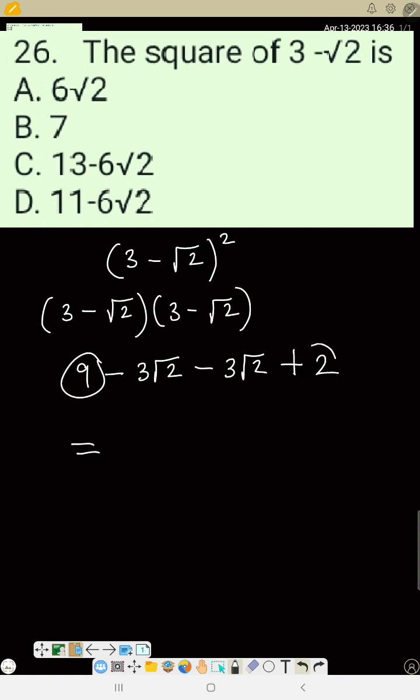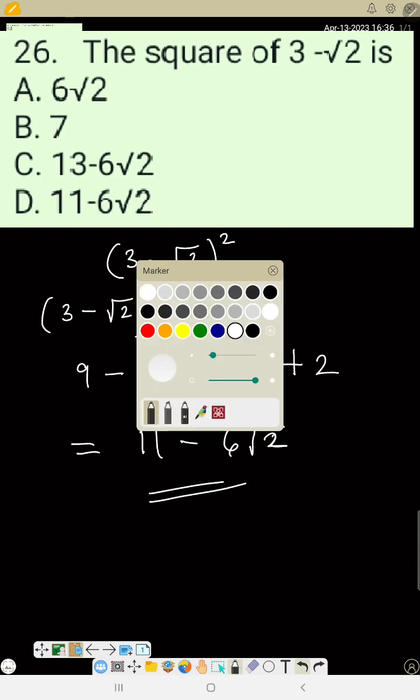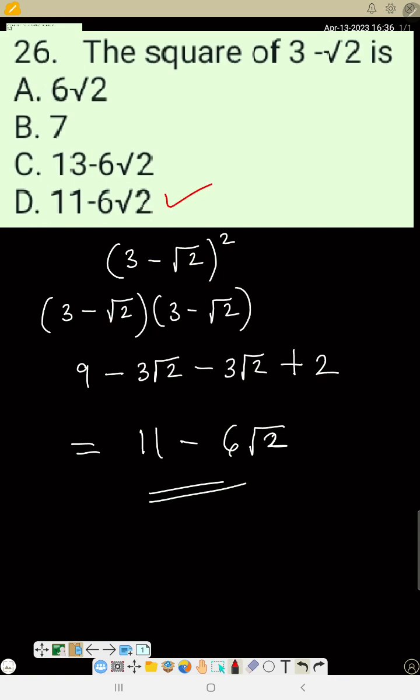So 9 plus 2, 11. Then minus 3 root 2 minus 3 root 2, that is minus 6 root 2. So the correct answer is D. 11 minus 6 root 2. D is correct. So let's move on.